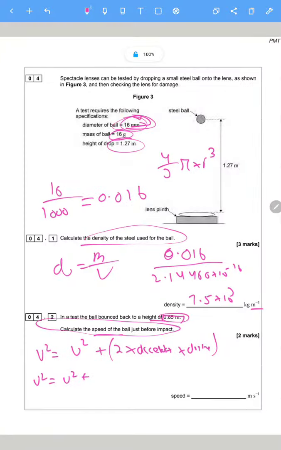So v squared equals u squared plus 2 times acceleration, which is 9.81, times the distance 1.27. Oh yeah, it is in meters, so that is 24.9174. And now, do we have the initial velocity?